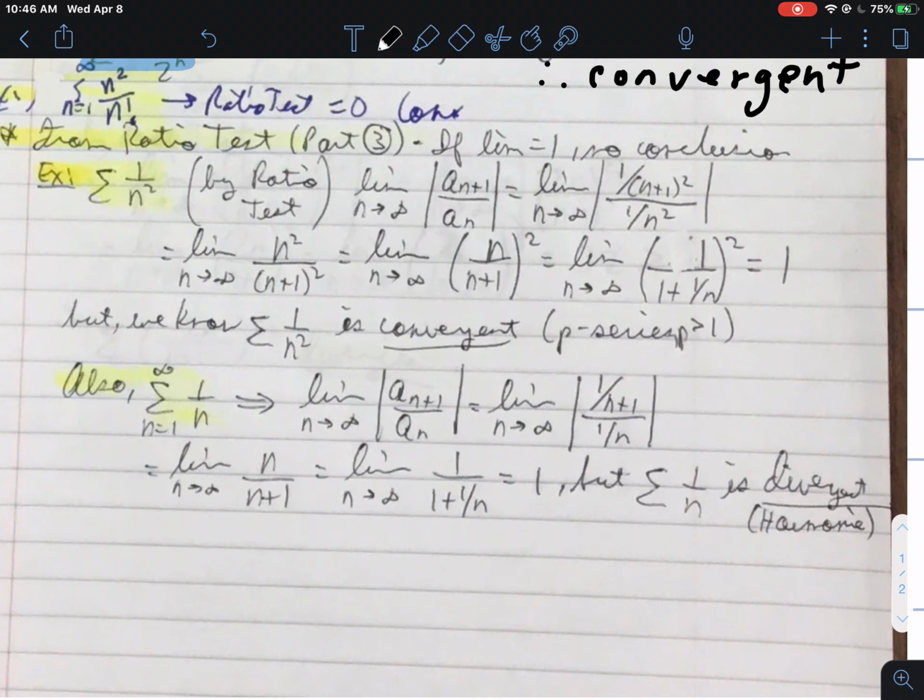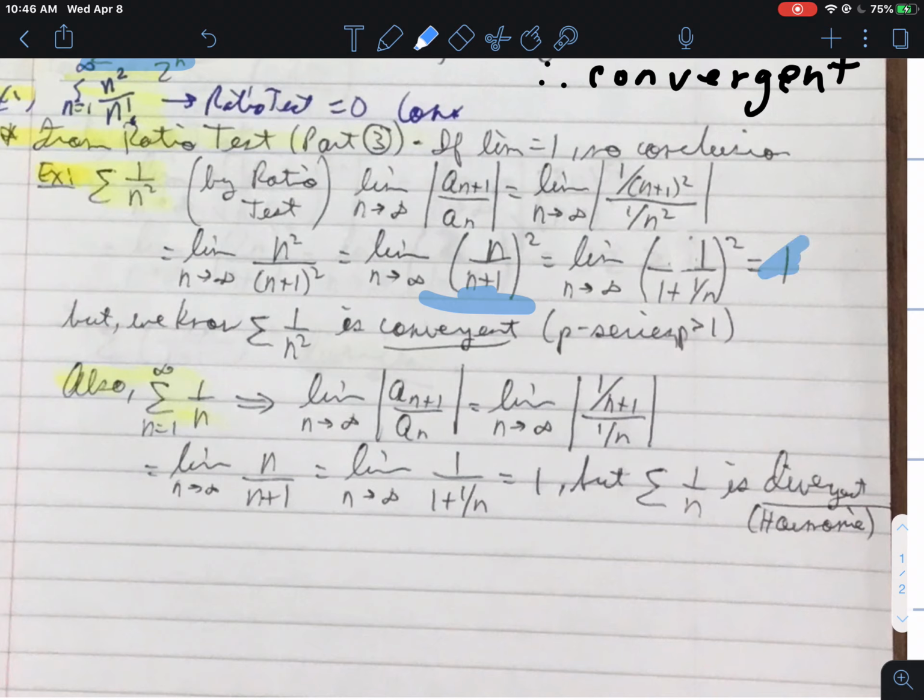So it would be 1 over n plus 1 squared over 1 over n squared, or n squared over n plus 1 squared, which is exactly what we had in the previous one. So there's n over n plus 1 squared here, which equals 1. Okay, whoop-de-doo, I get 1.